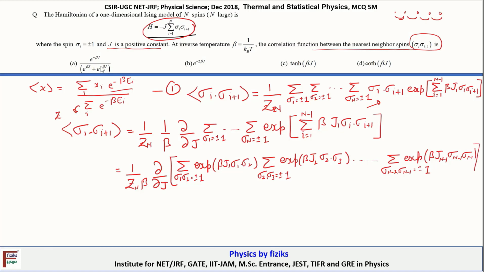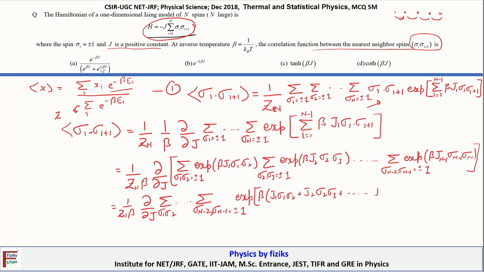Okay, so this can be further written as 1 by Zn beta curly partial derivative with respect to J of the sum over sigma 1, sigma 2, and so on up to sigma n, which are equal to plus minus 1, and then all the terms inside the exponential beta, and then inside we will have J1 sigma 1 sigma 2 plus J2 sigma 2 sigma 3 plus and so on, J n minus 1 sigma n minus 1 sigma n.